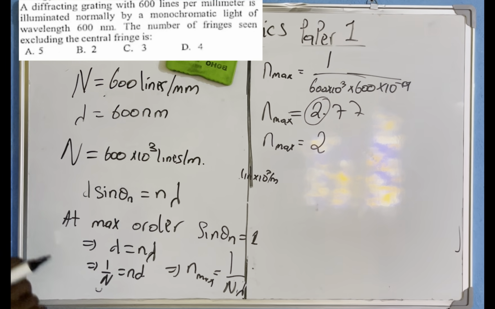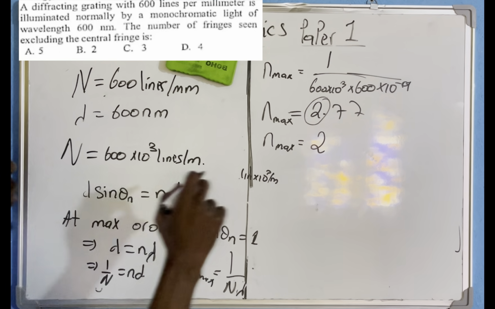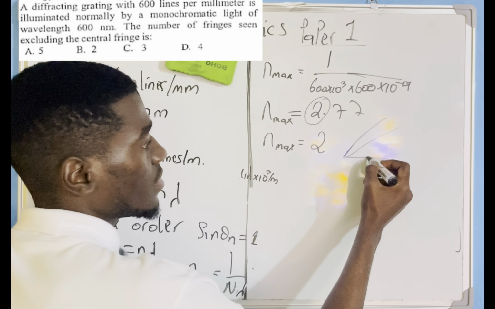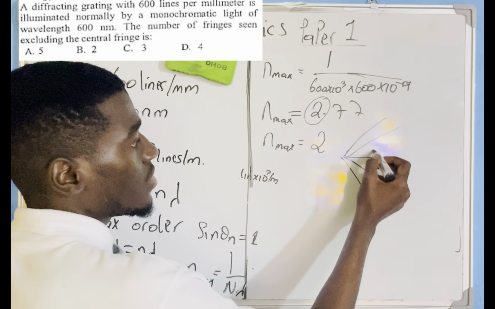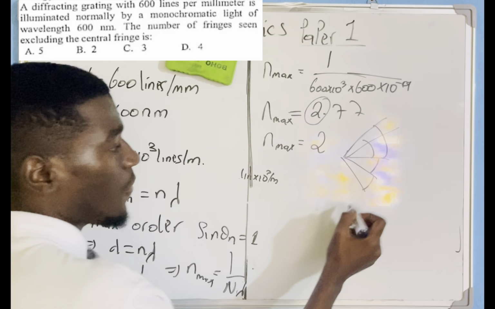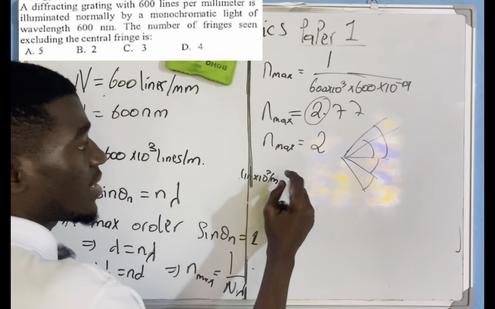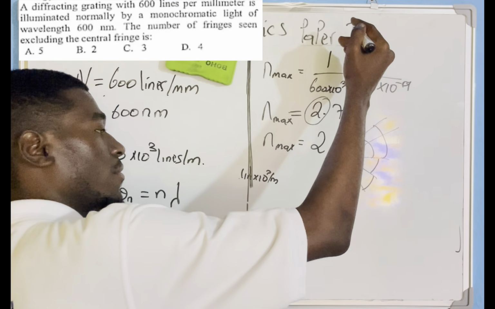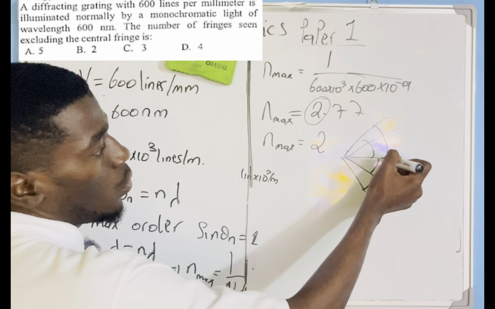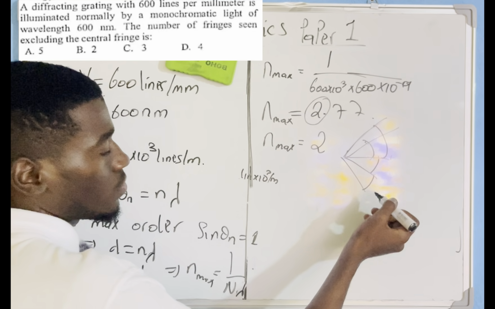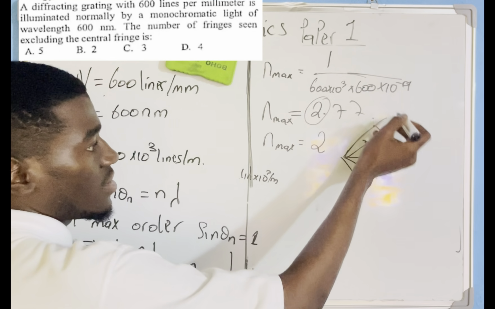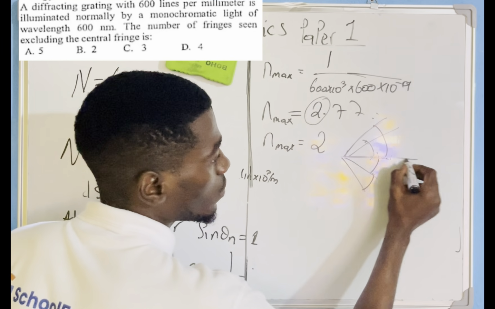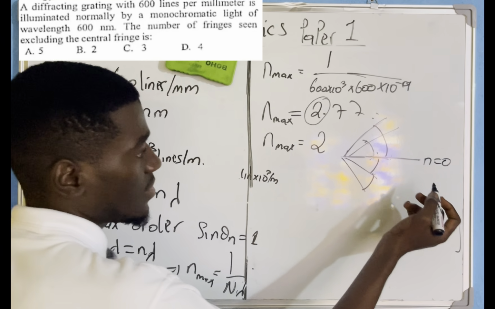And if it is 2, how many fringes are there? When I have a maximum order of 2, the bright regions to the left are 1, 2, and to the right are 1, 2, making a total of 4, without counting the central one, n0.